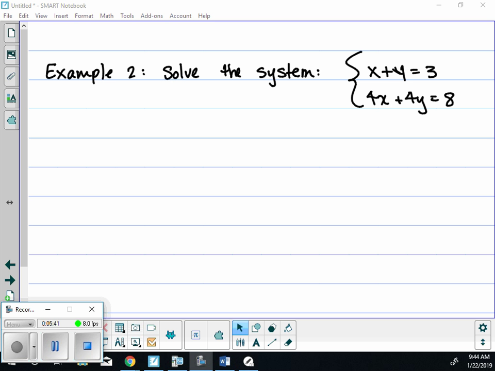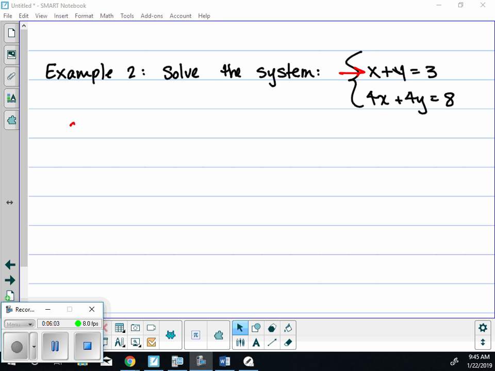The second example is a little different because we have x plus y equal to 3 and 4x plus 4y equal to 8. None of the variables are currently by themselves. The 4x and the 4y, in order to get one of those by themselves, we'd have to divide. So I would definitely deal with the top one.